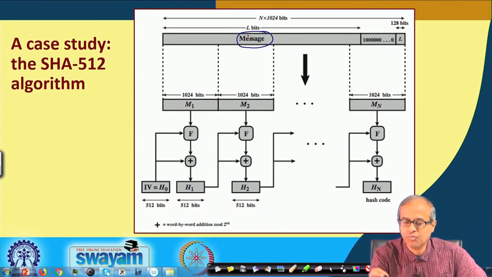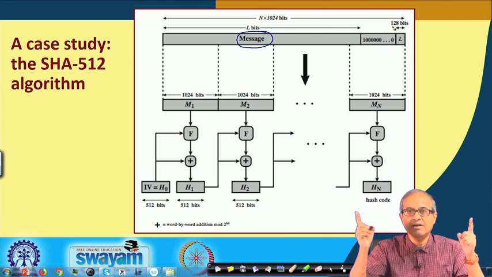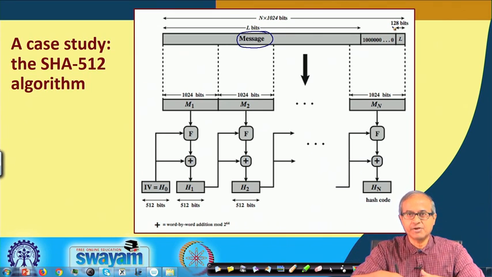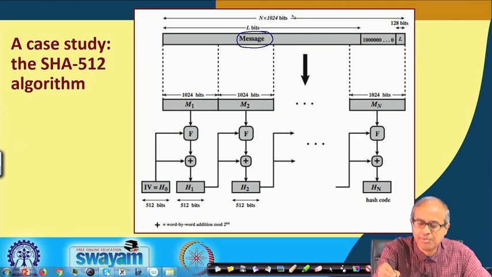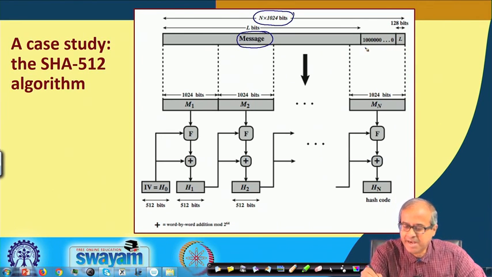The first thing is that the total bit string that I am trying to hash must be a multiple of 1024 bits; that is a restriction with SHA 512. If it is not a multiple of 1024, then some additional pad bits are added.